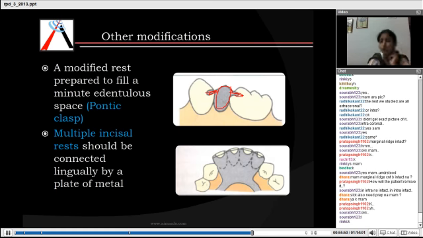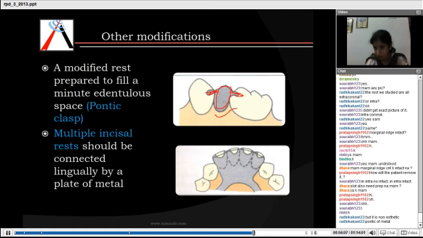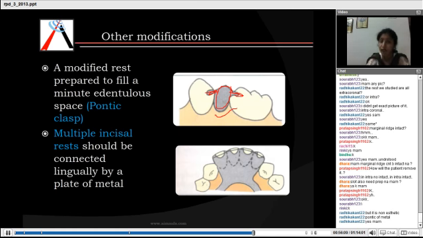Next is, I told you, a canine is always better than an incisor. Remember? But if there is no canine, which is not aesthetic, this pontic class, no, pontic of normal tooth. This is white tooth.